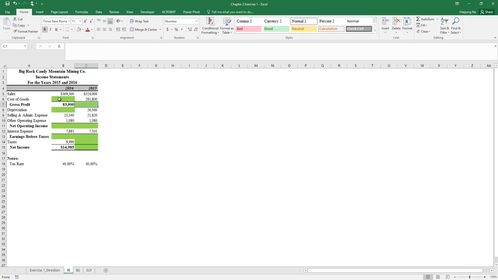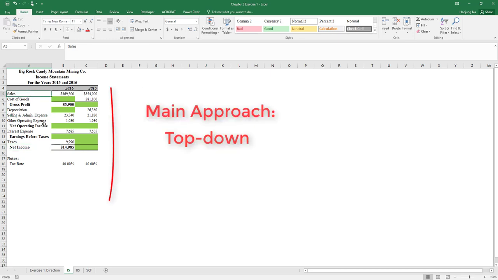Okay, so you have Big Rock Candy Mountain Company's income statements for years 2015 and 2016. Before we begin, let's take a look at the item names. It starts from sales and all the way down to net income. One thing you have to remember is it's always better to go from top to bottom.